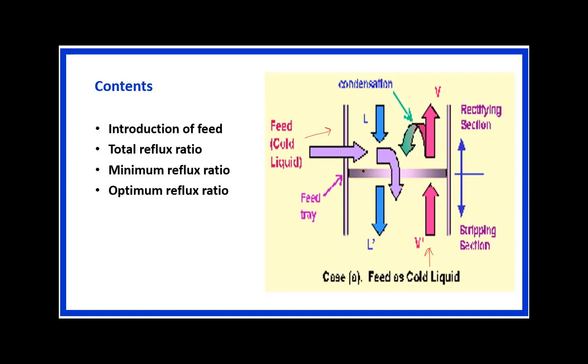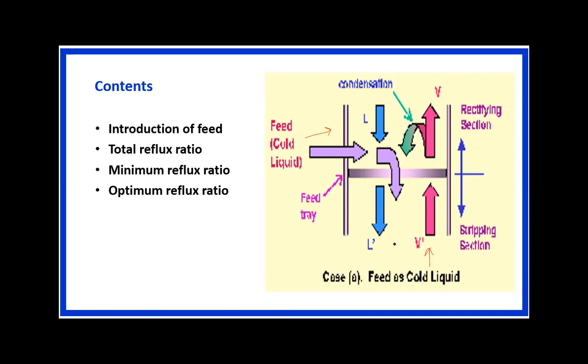Now consider this feed tray, that is the feed plate, and we are providing the cold liquid from this angle. These vapors are moving in an upward direction, while the liquid from the condenser, as reflux, is going in a downward direction, as well as this feed which is cold liquid.